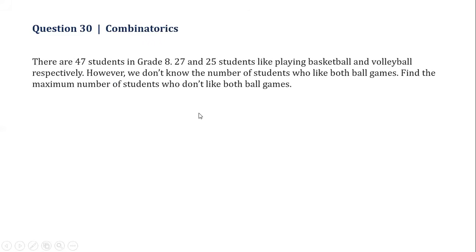There are 47 students in grade 8. 27 and 25 students like playing basketball and volleyball respectively. However, we don't know the number of students who like both ball games. Find the maximum number of students who don't like ball games.